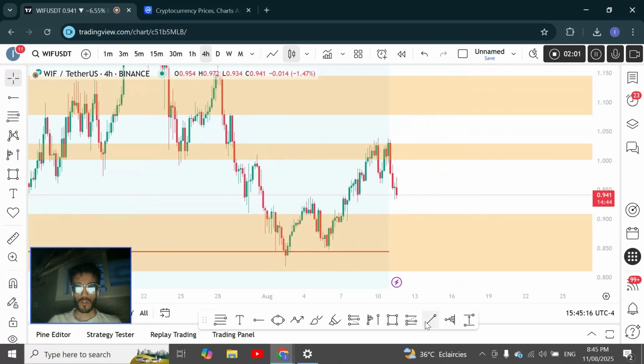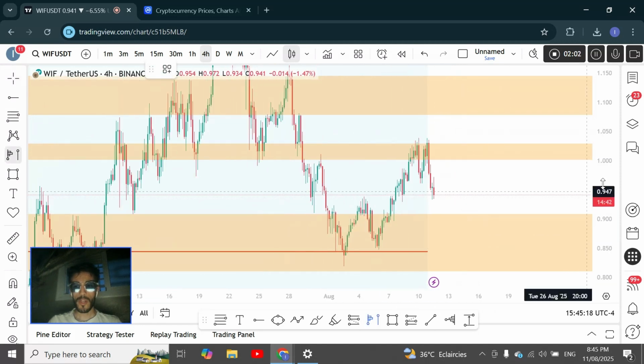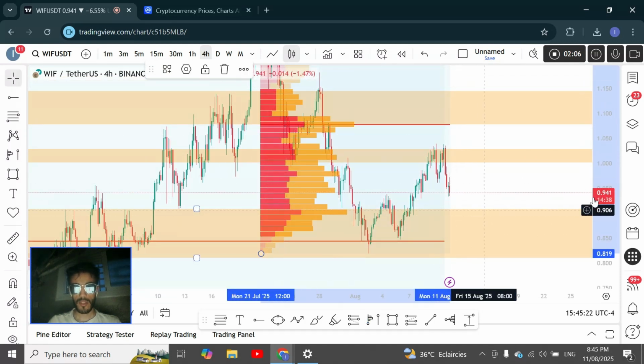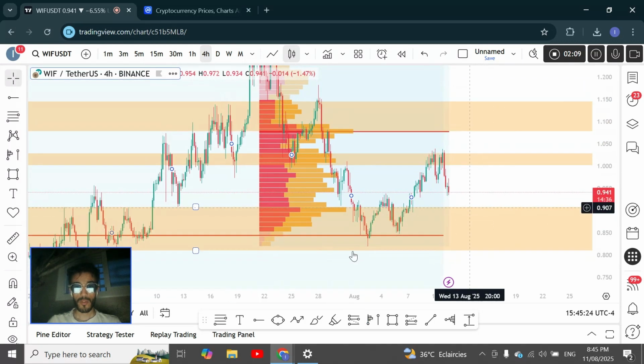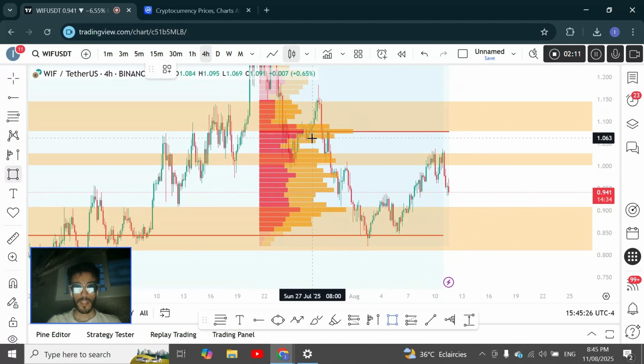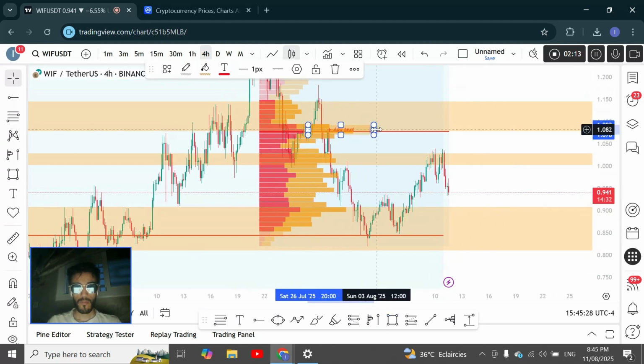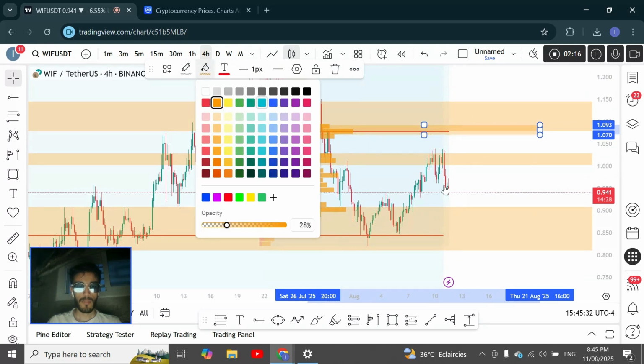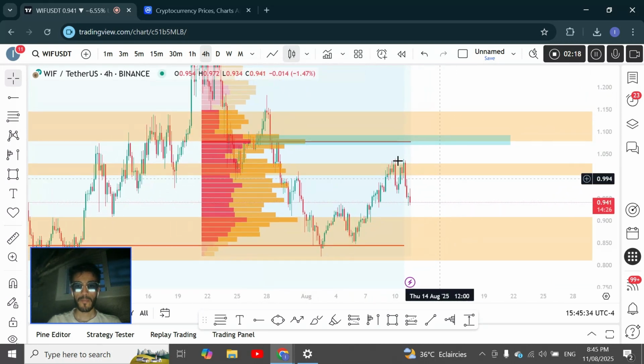I'm going to focus my analysis only on that dip to understand where the volume is. We have that initial volume right there. This is where the market makers will go next, because this is the high volume, which means if they start buying here, they will sell something like that.